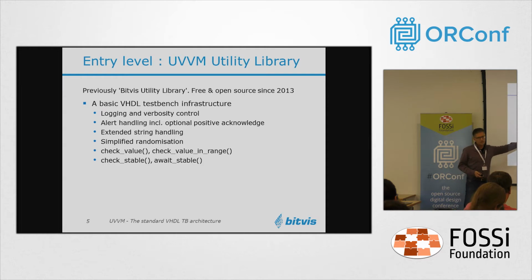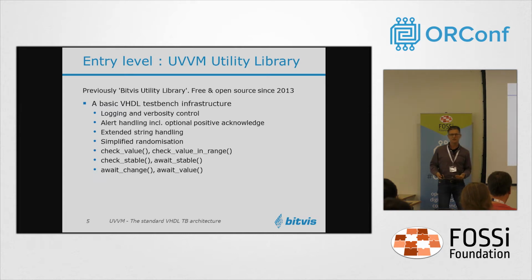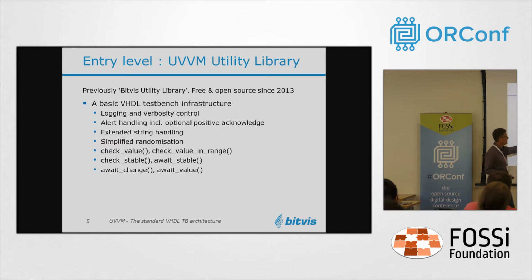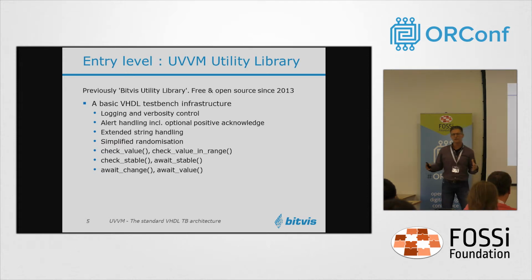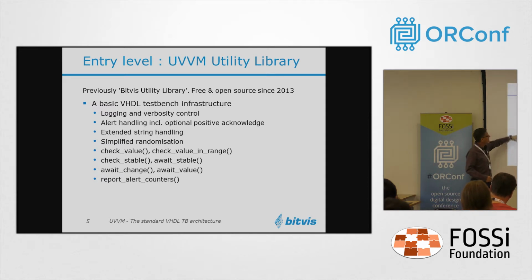It can check stability on a signal, wait for a signal to be stable, wait for a change, and wait for a value on the signal. All things you do all the time in your test bench. And if you're doing a wait change or wait value, it'll have a window. If it doesn't find the signal within that window, it'll fail, rather than just waiting forever. So basically, a lot of very simple but very useful functions and procedures.